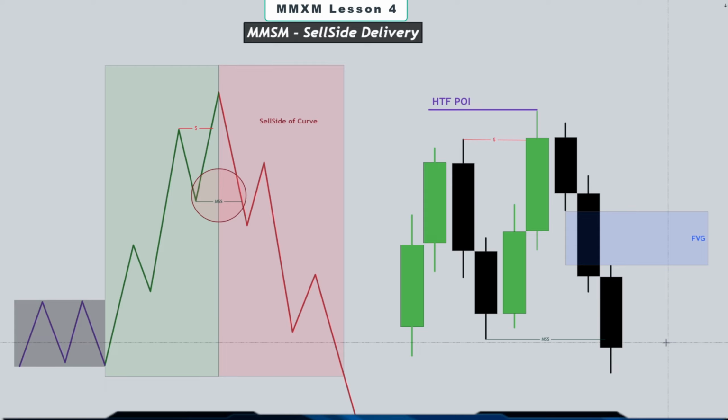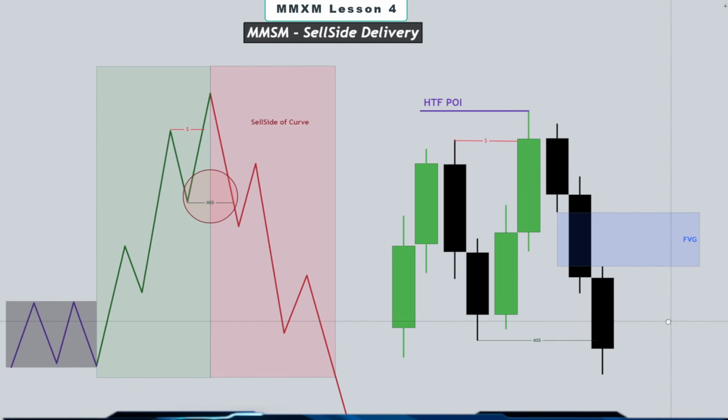Now, often what we as traders do is we zoom in so much into the lower time frame. For example, we zoom into a 1 minute time frame and we look for some sort of internal structures for a market structure shift, but that can sometimes cause a false breakout and result in losing trades.